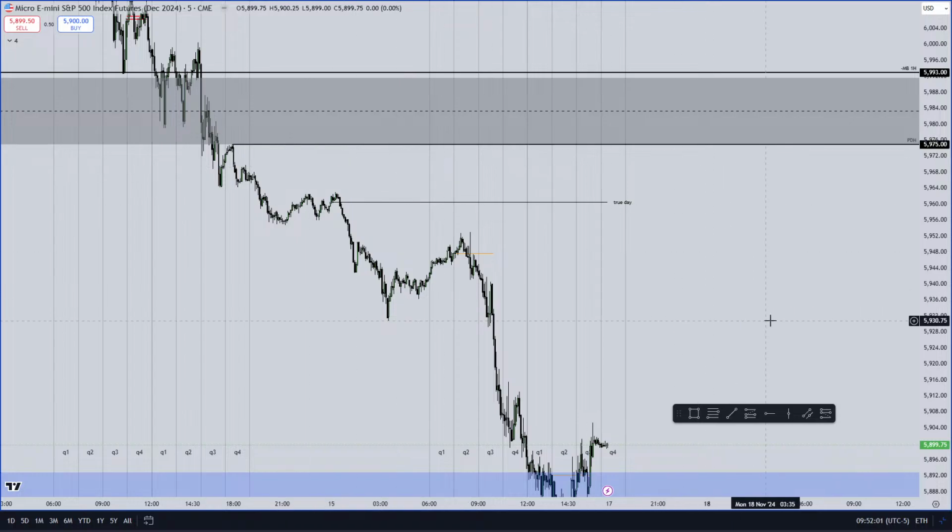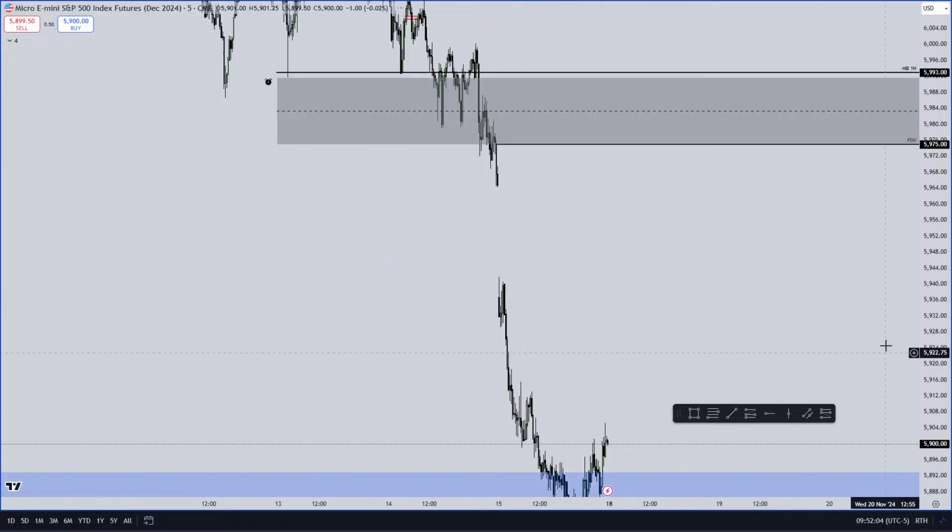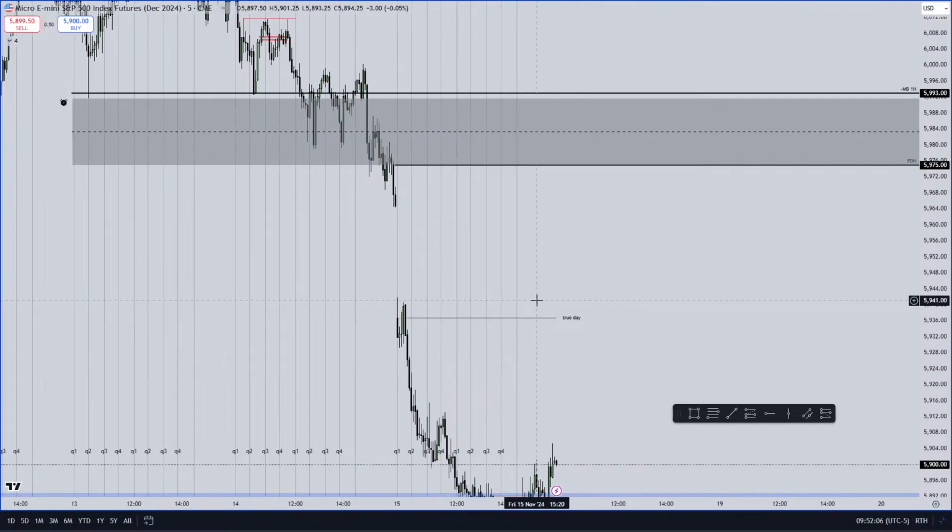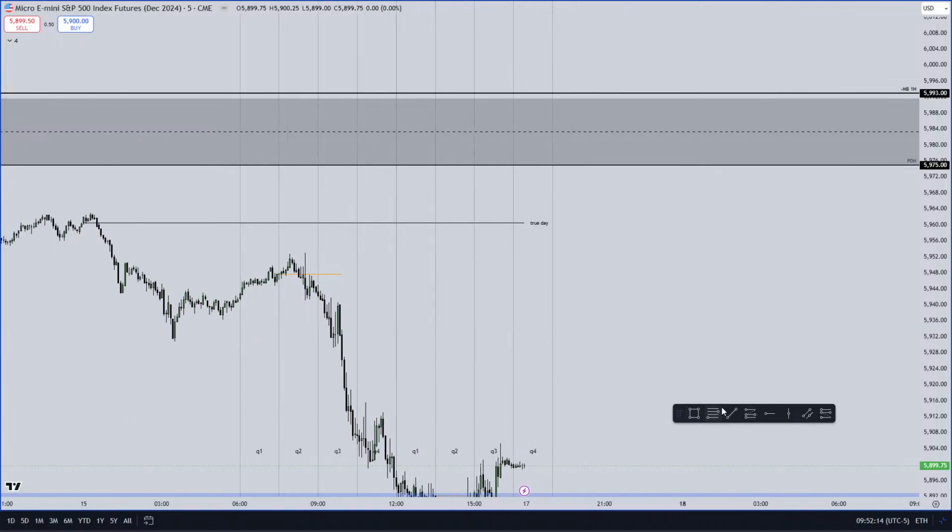We might have this big gap. If you go to the electronic trading session, you have this huge gap, so the price is likely to retrace. It's better we keep this.